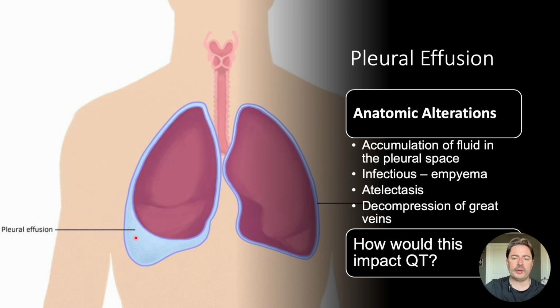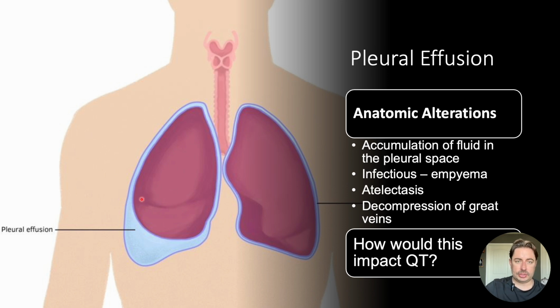So there are different names depending on what the fluid is that's accumulating here in the pleural space. So when we get this, we get all of this compression of the lung. We get all of this added pressure in the intrathoracic cavity. We get all of this addition to the pleural space that starts to shift and move everything away from the affected side.